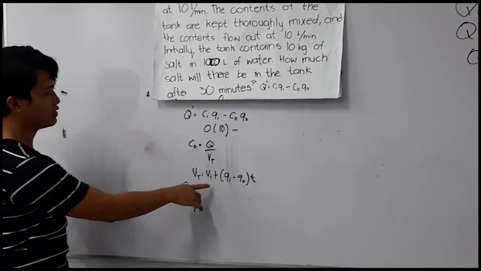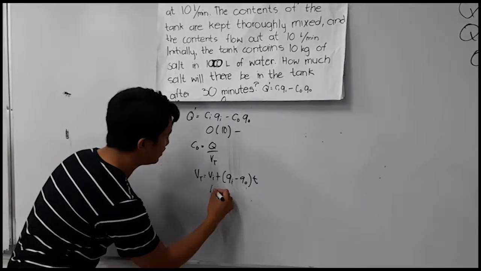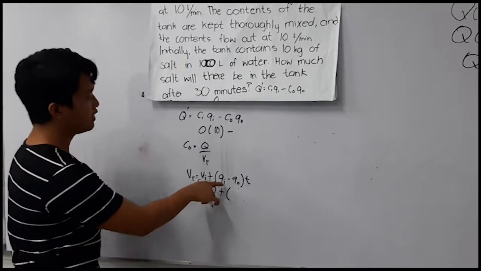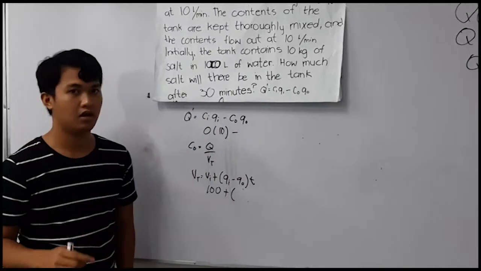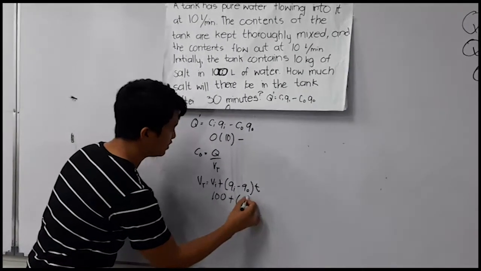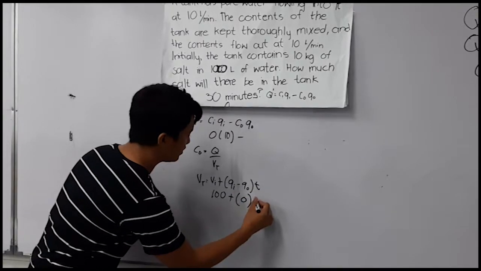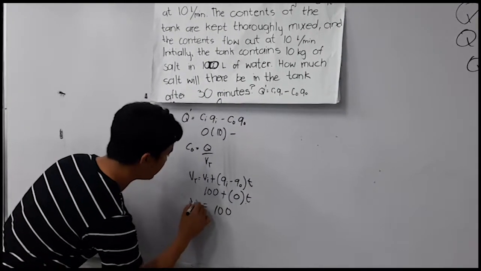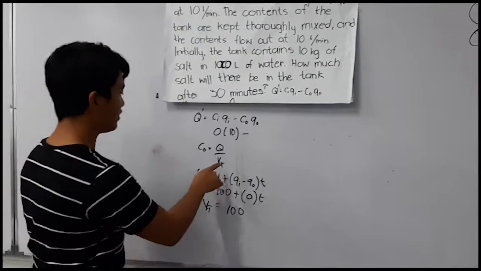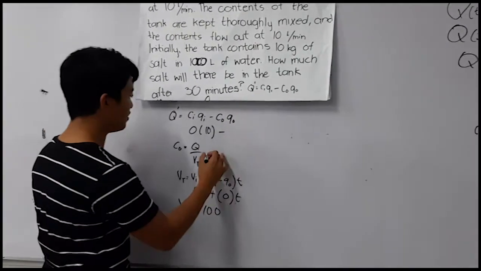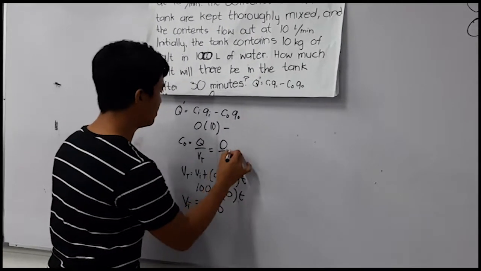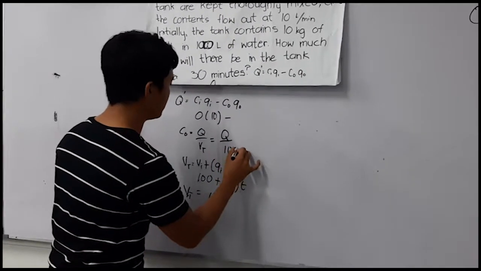So our V initial is equal to 100 plus, since our rate in and rate out are the same, we have 0 multiplied by t. Therefore, we have 100 as our V of t. So we can now plug in V of t here. So C sub O is equal to Q over 100.